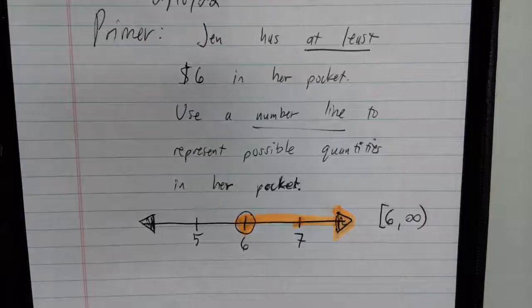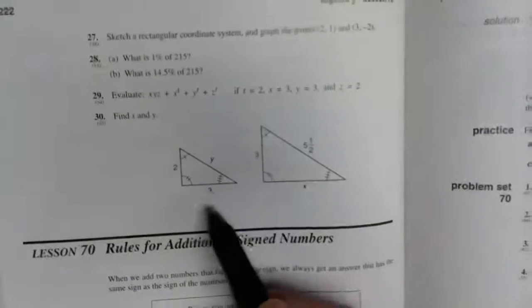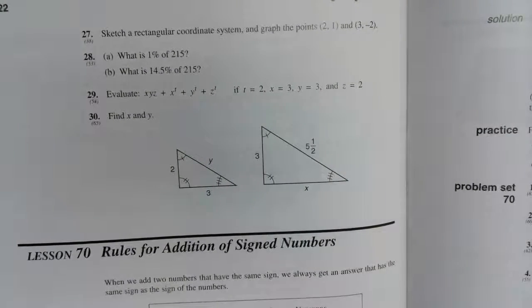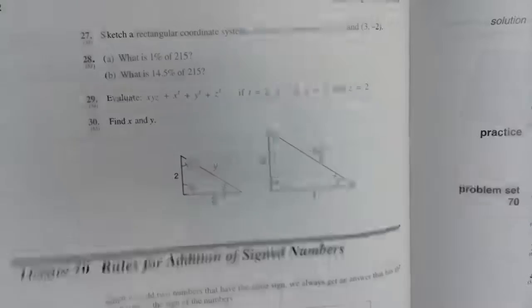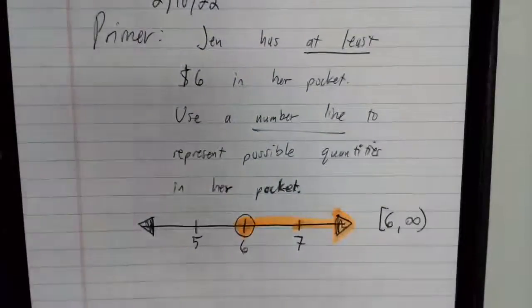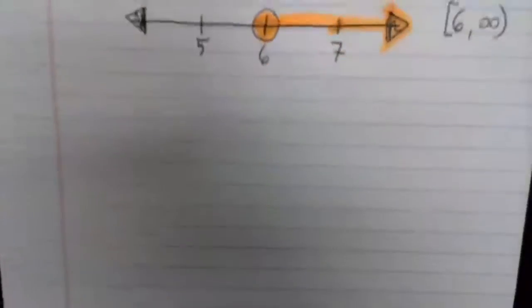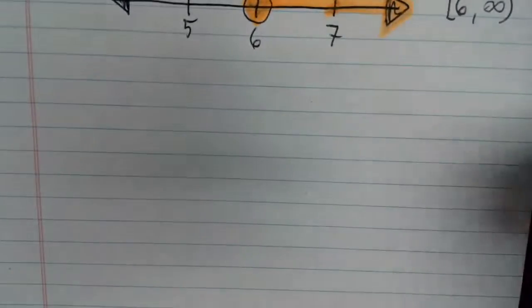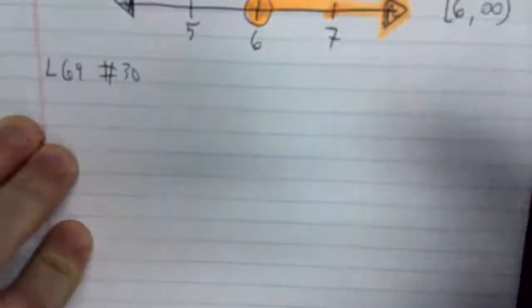69, it's a similar triangles problem. All right, so what we're going to do, I'm going to draw these triangles. And I had a couple of questions about this. I've got 3 colors today. So this is lesson 69, number 30.